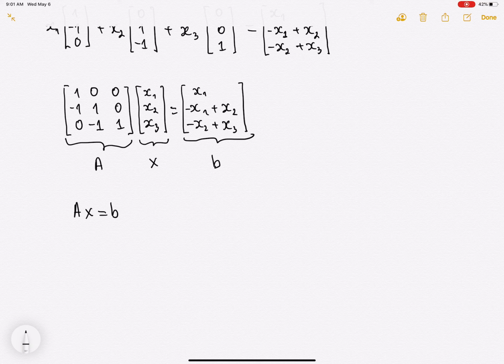So let's translate this problem into an example where we have a particular b.